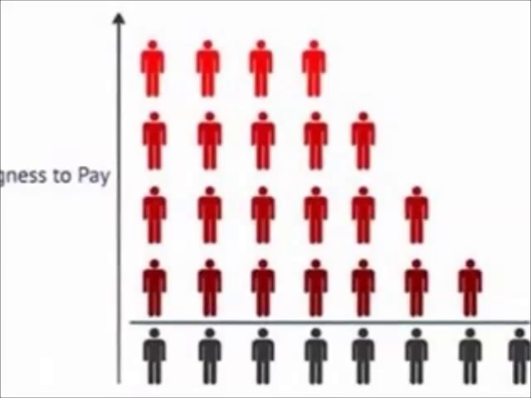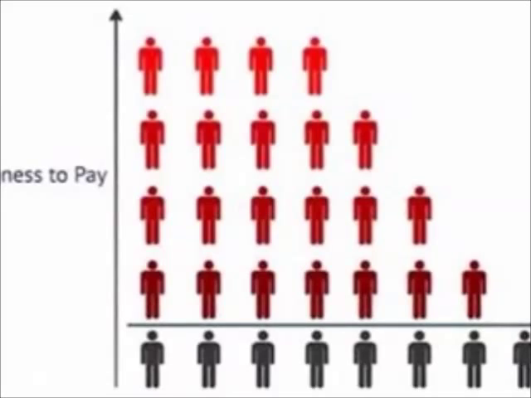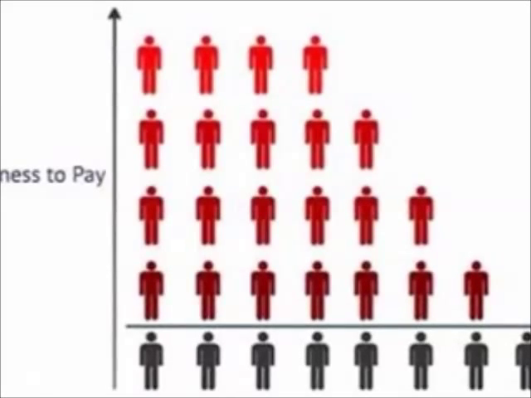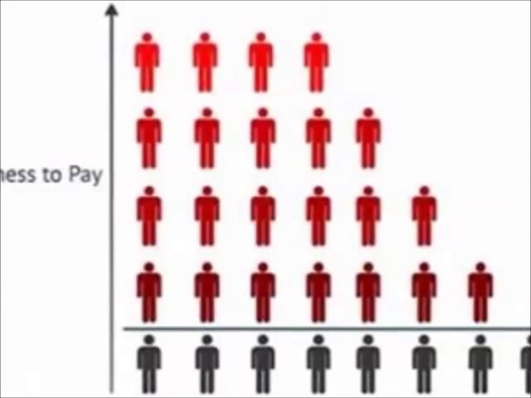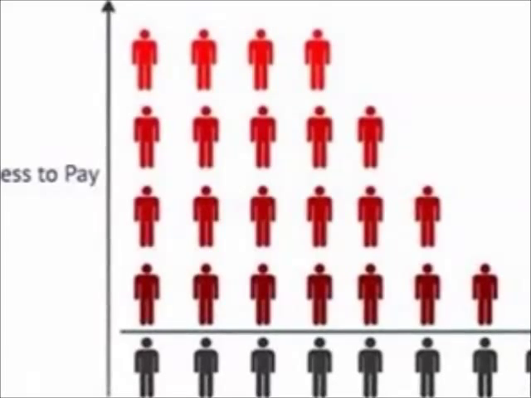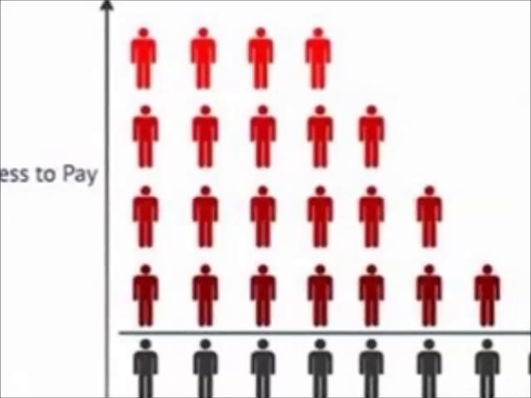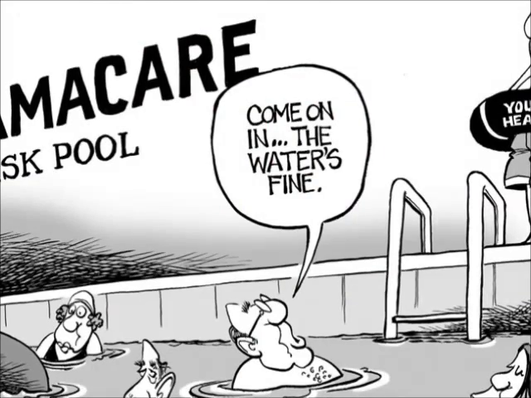Well, that leaves people that are willing to pay, but those people that are willing to pay tend to be high utilizers of insurance, and then the insurance companies are forced to raise prices again, and another level comes out that is not willing to pay for the insurance, again lower utilizers, and it creates this vicious cycle. This is a great image right here.